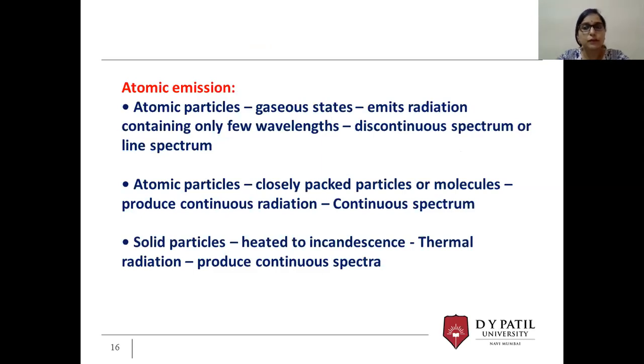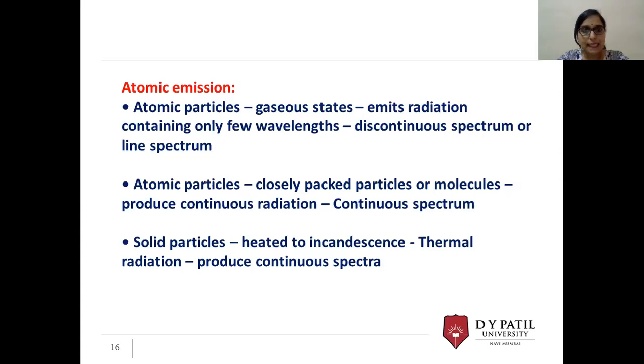Now, if we try to understand emission in different categories, atomic emission happens because of atomic particles which take part in the gaseous state and they emit radiation containing only a few wavelengths. A discontinuous spectrum or line spectrum can be obtained. Then another important thing is that closely packed particles or molecules produce continuous radiation, which in turn gives a continuous spectrum.